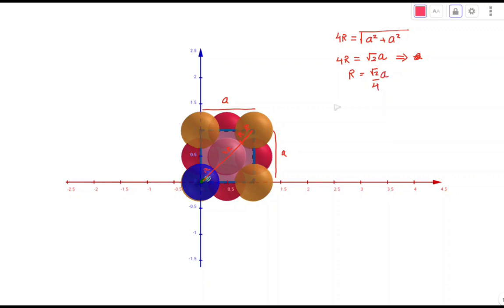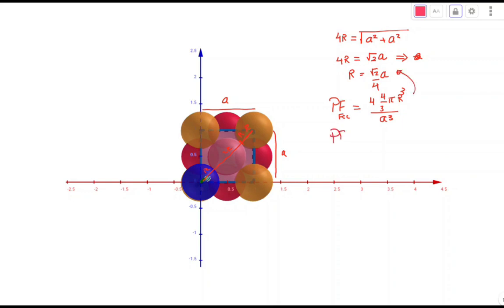One last thing here, the packing fraction for FCC structure is equal to N, and in this case it's 4, which we just calculated, the number of atoms used to build this cell, times the volume of the sphere, 4 over 3 pi R cube, over A cube, and R in this case here is equal to this one right here.